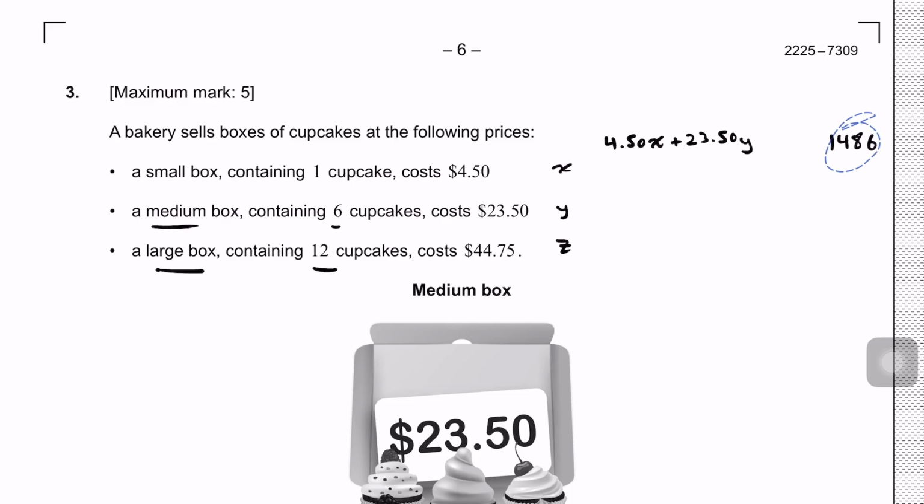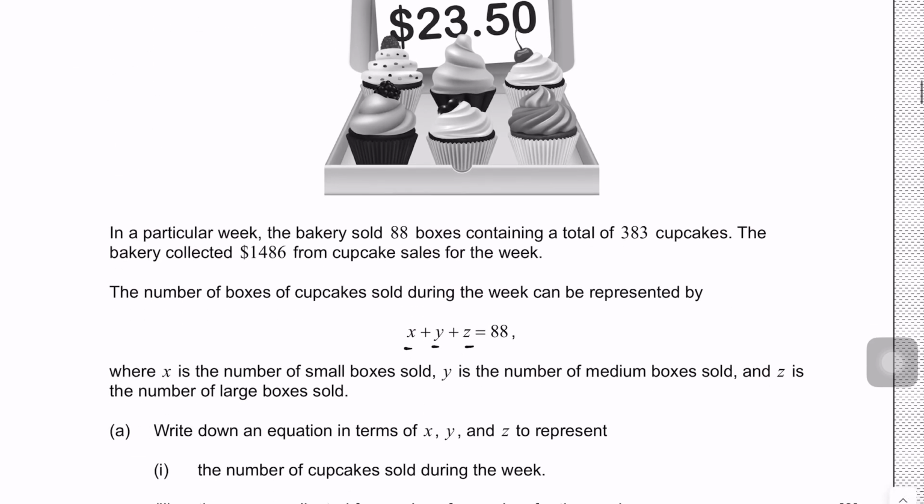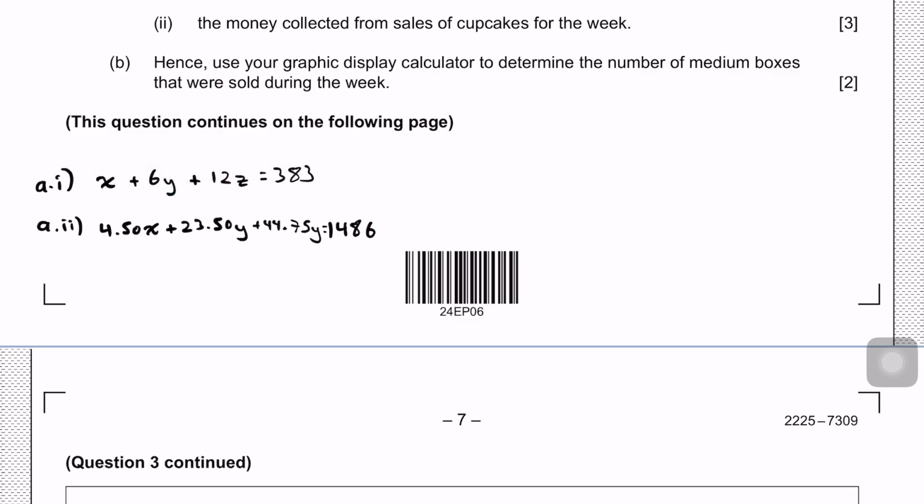And we make $44.75 for every large box. Okay, and this would be our total amount. So let me just copy this again. Bring it down here. Okay. So here is our equation.